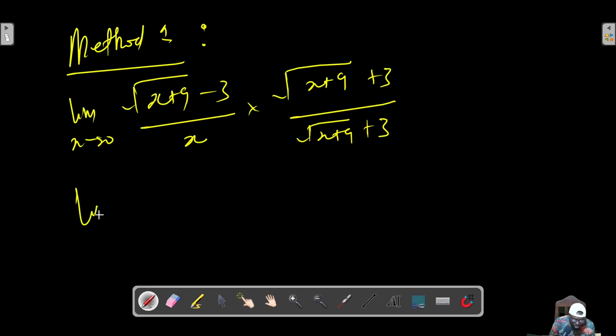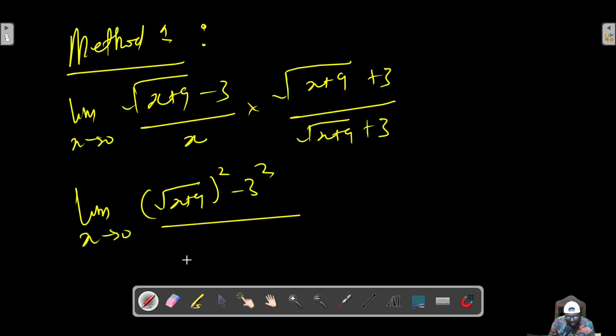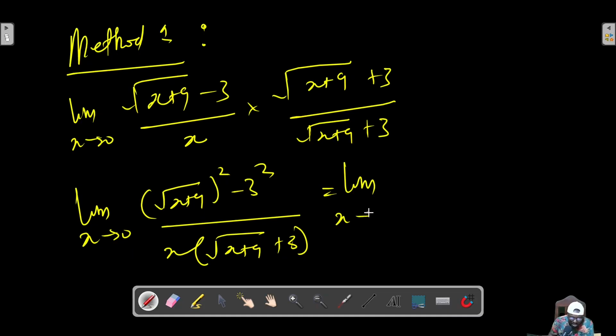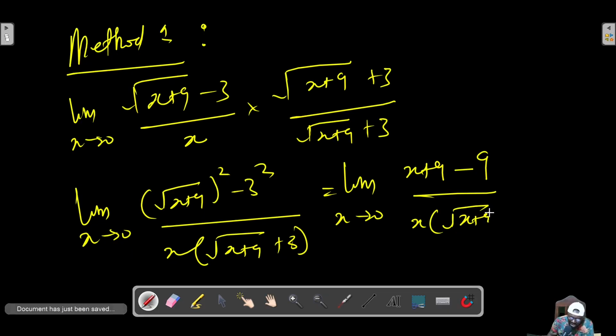So we can write this as root of x plus 9 all squared minus 3 squared, divided by x multiplying root of x plus 9 plus 3 in parentheses. We get the limit as x approaches 0 of x plus 9 minus 9 divided by x multiplying root of x plus 9 plus 3.